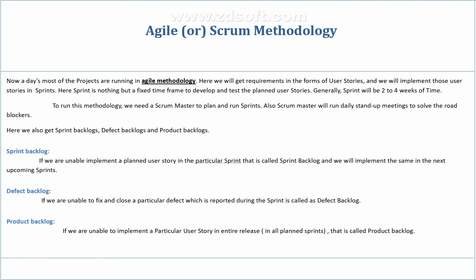To make sure that is going well, the Scrum Master, or maybe the team lead or team manager, will conduct a daily stand-up meeting. That means every morning at 9 a.m. or 9:30 a.m., based on company policy.